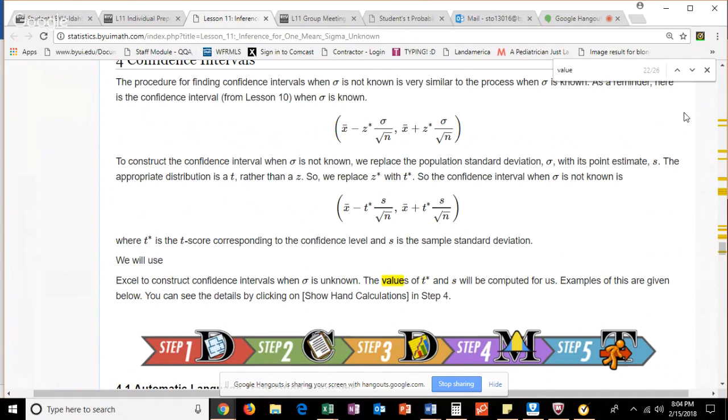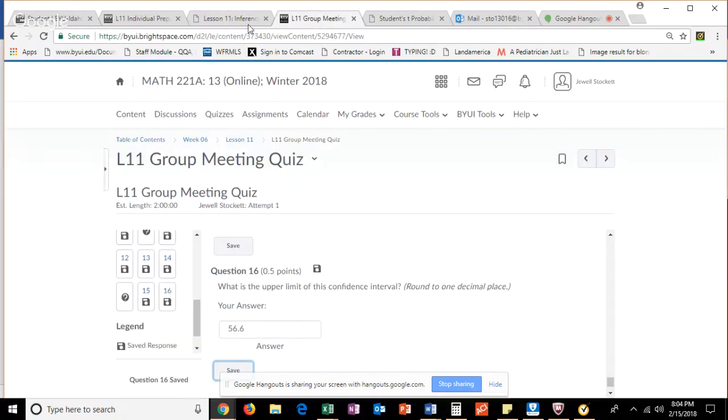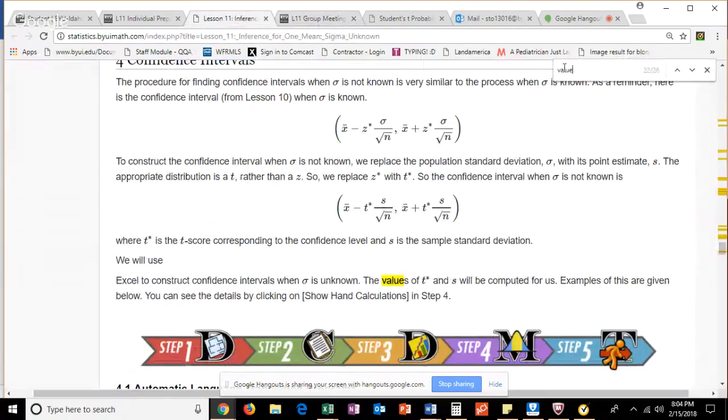Okay. Minus, so it would be the, I have to go backwards. Okay. 5, 6, 5.